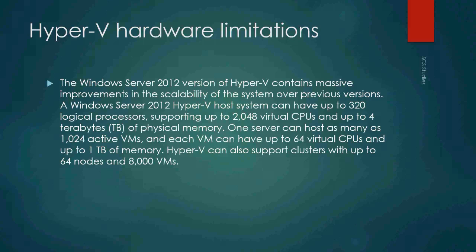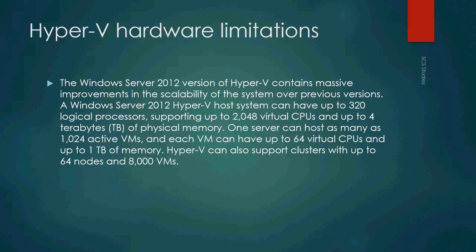This is about the hardware limitations. The Windows Server 2012 version of Hyper-V contains massive improvements in the stability of the system over previous versions. A Windows Server 2012 Hyper-V host system can have up to 320 logical processors, support up to 2048 virtual CPUs, and up to 4 terabytes of physical memory.